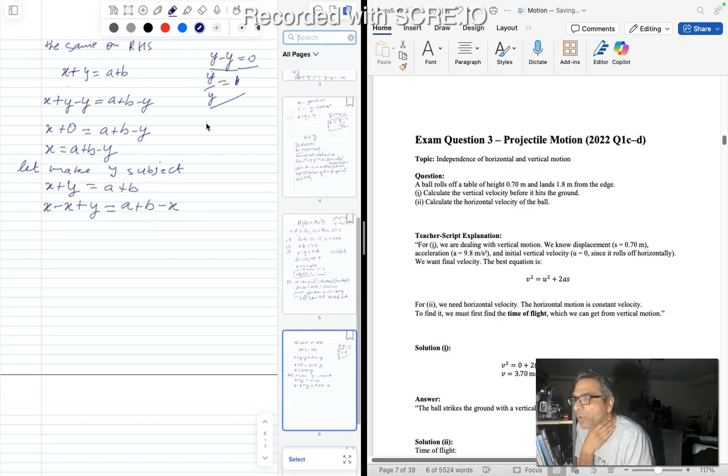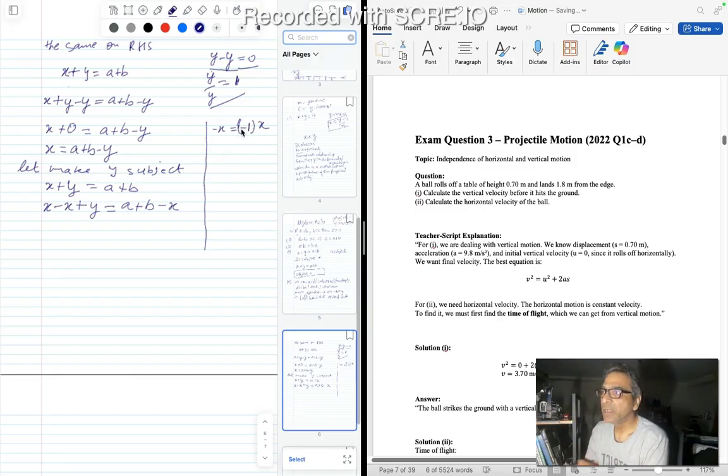The parallel I'm trying to draw is something like this. We can also say minus x equals minus 1 multiplied by x, right? In some cases you will see this when we try to change the sign.